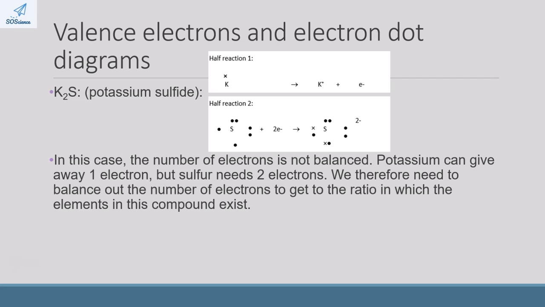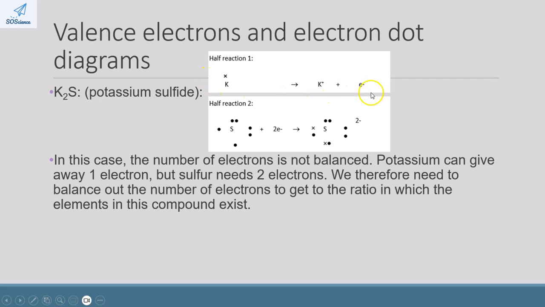So in this case, the number of electrons is not balanced. Potassium can give away 1 electron, but sulfur needs 2 electrons. So we need to balance out the number of electrons to get to the ratio in which the elements in this compound exist. We need to find the lowest common denominator, which in this case is obviously 2.